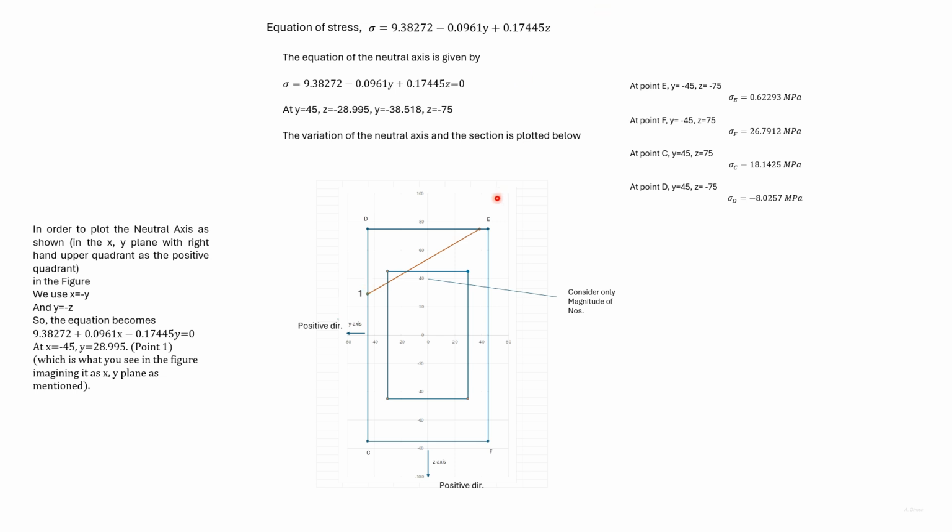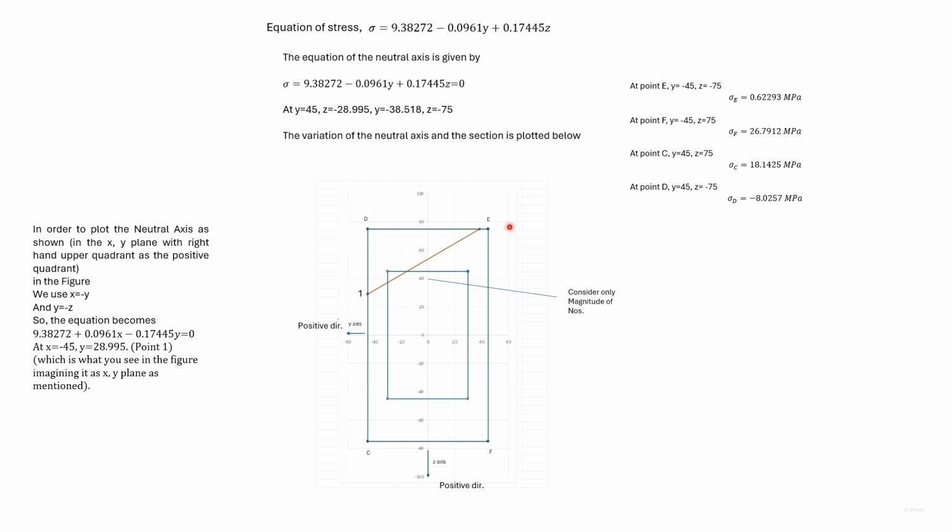We can check the position of the neutral axis corresponding to the stresses that we obtained at the 4 points. At F, we got a relatively high positive stress. At D, we got a negative stress, but the magnitude is not high.